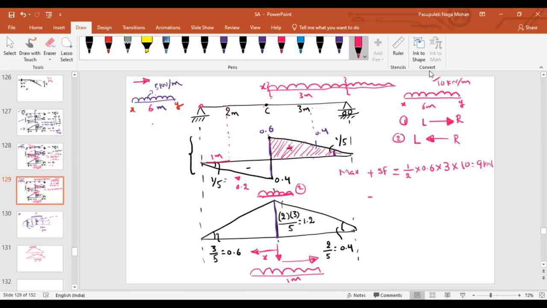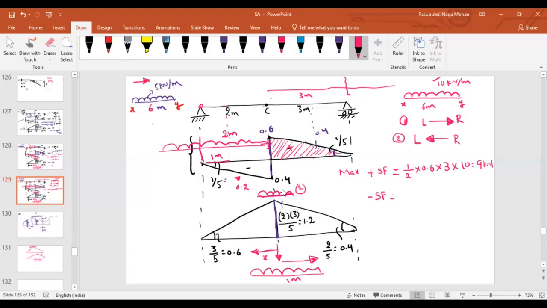Now, for maximum negative shear force, what should be my position of load? Why should it touch C? It should touch C, isn't it? So again, this is the position of the load, but how much length of the UDL is covering the beam? 2 meter.